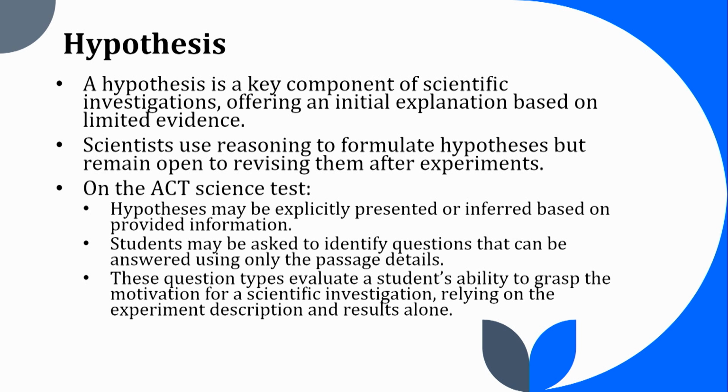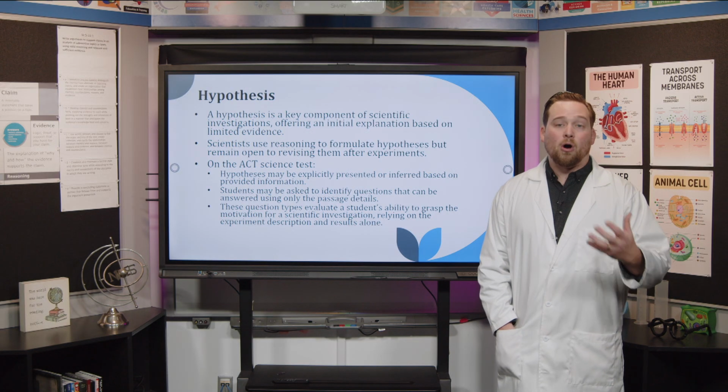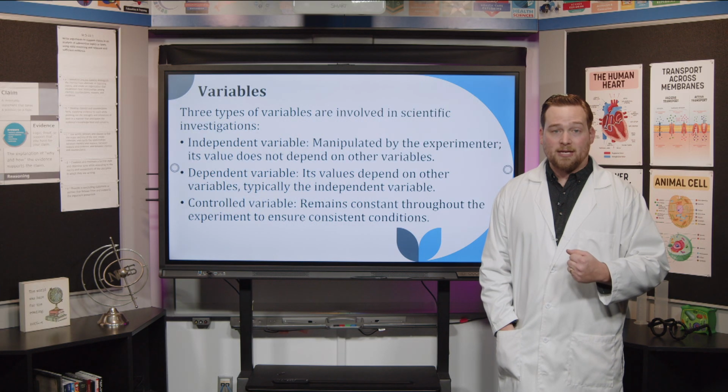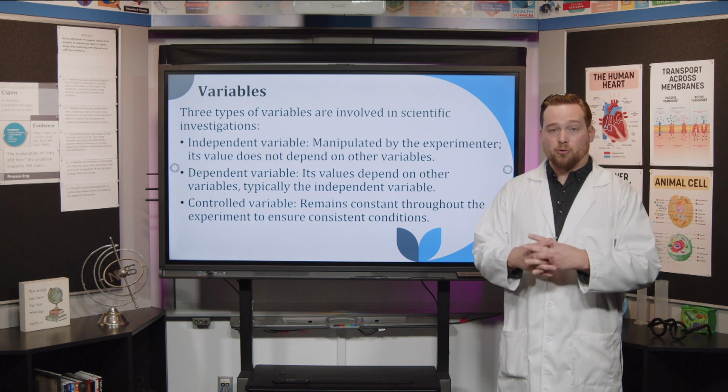And then they might ask you to look at a piece of information and see if that either disproves or strengthens the hypothesis. And you're going to have to be able to tell, would this new piece of information make that hypothesis a stronger argument or less of a strong argument? Okay, so those are the types of questions you might get about a hypothesis on the science portion of the ACT. Let's talk about variables next.